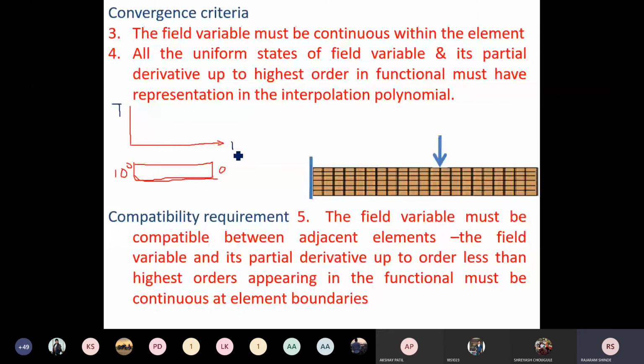Now I will mesh it by 2 or 3 elements. Now I am going to assume one interpolation polynomial for the first element, suppose it is T1, one interpolation polynomial for the second element, suppose it is T2, one interpolation polynomial for the third element, suppose it is T3. Okay, this is a field variable. Now here, this is the actual variation.